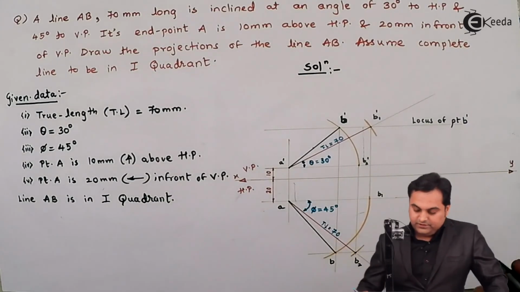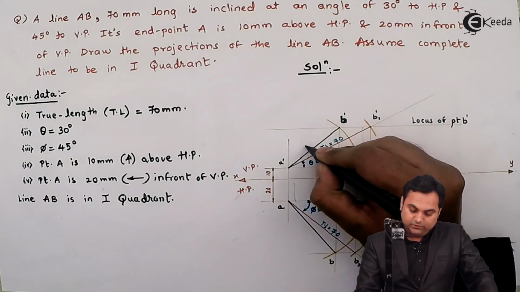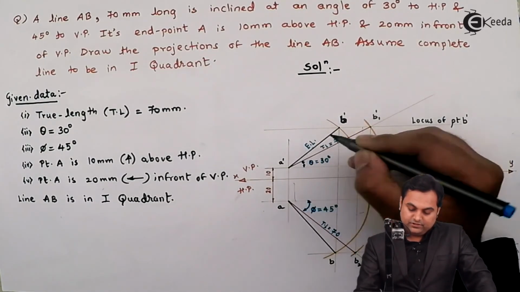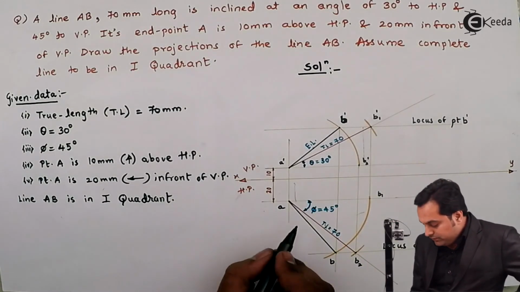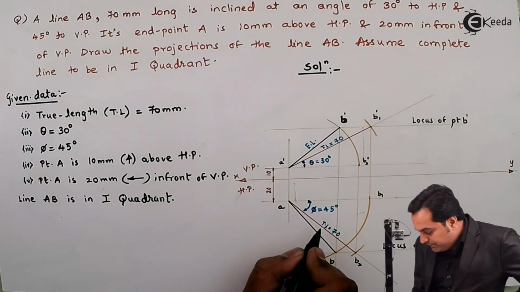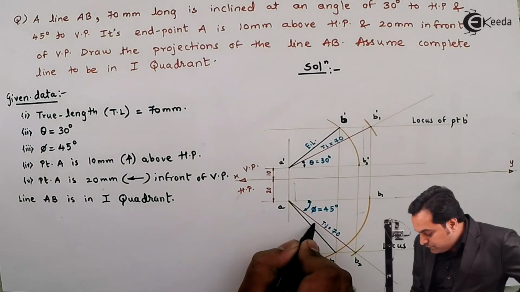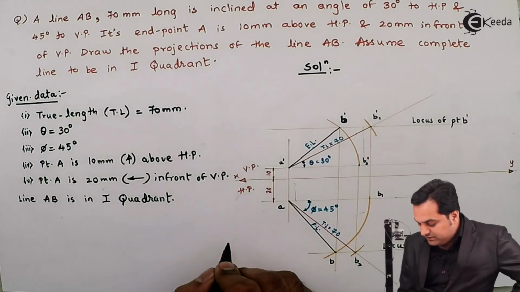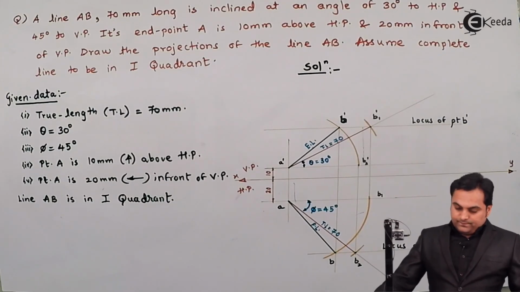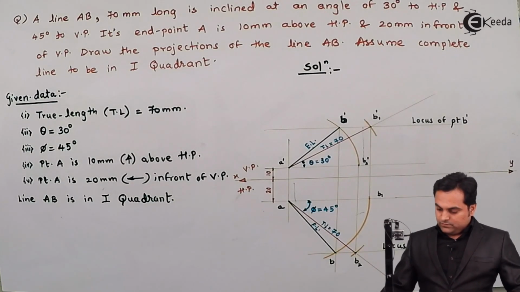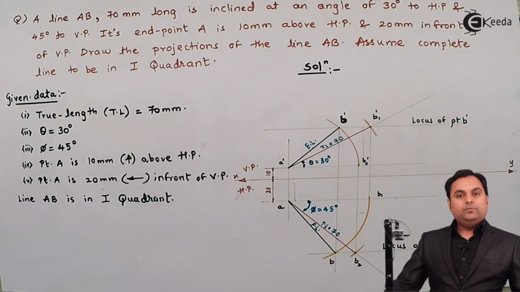True length is 70. A dash B dash will be called as EL, that is the elevation length, or we can say the apparent length of the line in the front view. Then A to B is PL, which is called as the apparent length of the line in the top view. And with this, the problem is completed.